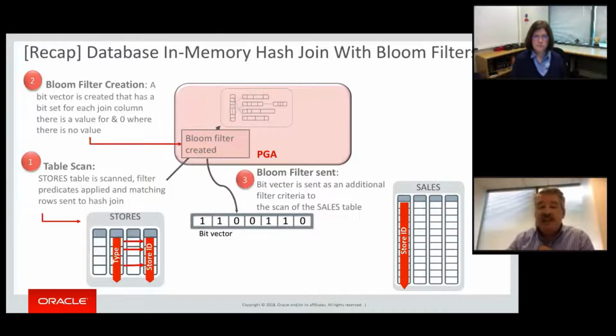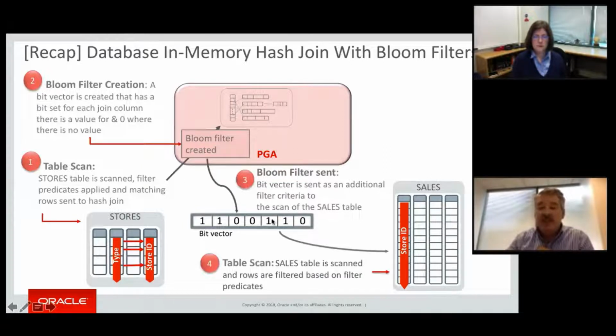Since we don't have the ability to have a linked list, that's what this symbol up here is supposed to show. It is possible to have hash collisions, so we can have false positives. And then we'll push that Bloom filter essentially as another filter predicate into the scan of our probe table, along with any other filter predicates.